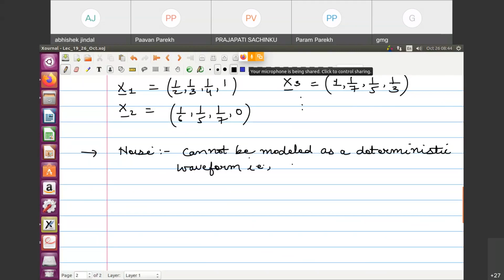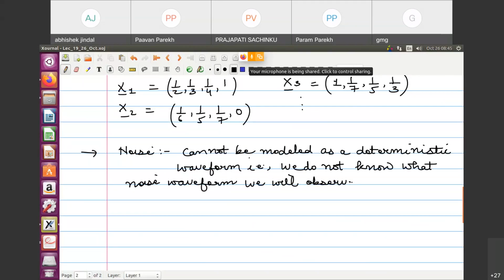That is, we do not know what noise waveform we will observe at any given point of time. Okay, that is quite clear.